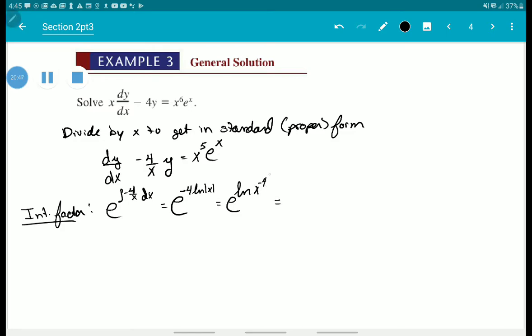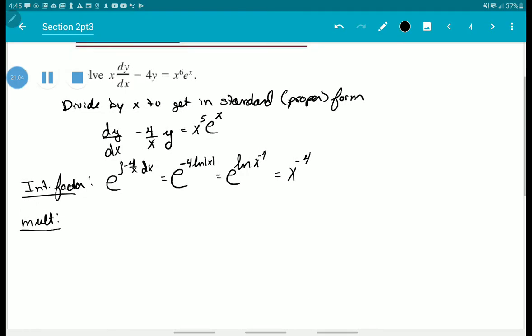And then if we were to use log rules to simplify that, we know e and ln are inverses of each other, so we get the argument x to the negative 4. So there's our integrating factor. Then we're going to multiply through by that. We're multiplying this guy through.